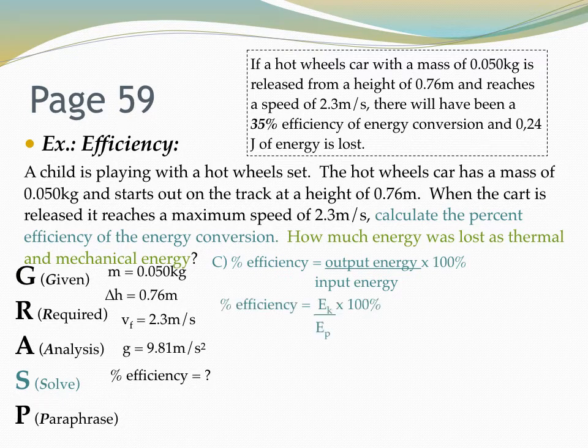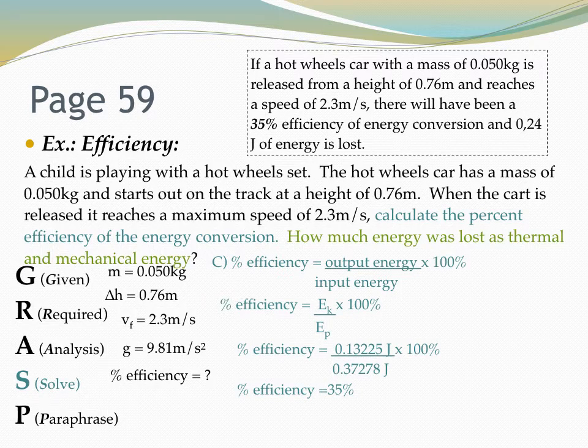We decided that EK divided by EP times 100% would give us efficiency. So we're saying our kinetic energy when that car is at its maximum speed, divided by its potential energy when it was sitting at the top waiting to blast off. We plug in the numbers, and blammo, we have 35%. That is beautiful. First question answered.